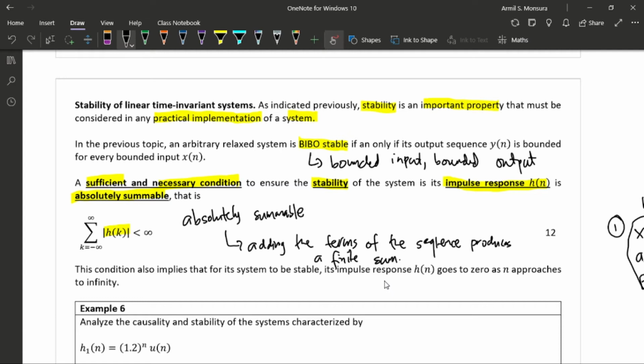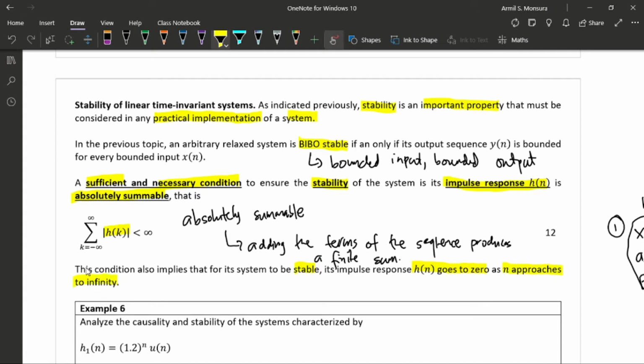This condition also implies that for a system to be stable, its impulse response h[n] goes to 0 as n approaches infinity.